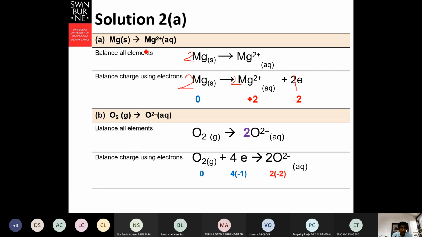Then when I add it up together, magnesium plus oxygen becomes magnesium oxide. Okay, 2 magnesium oxide. So this is how it is balanced on both sides.